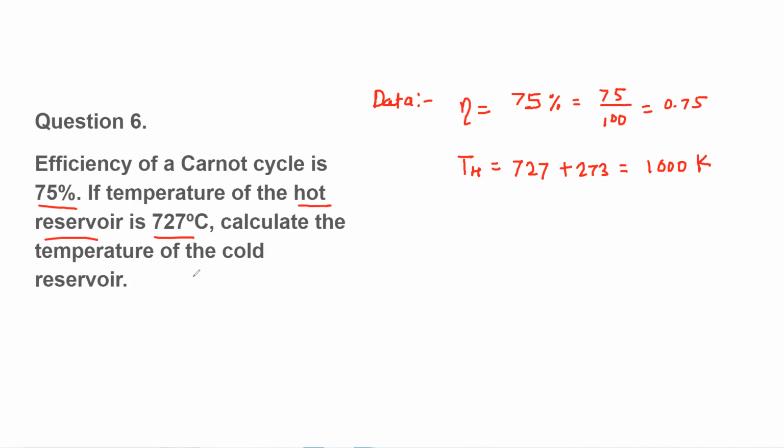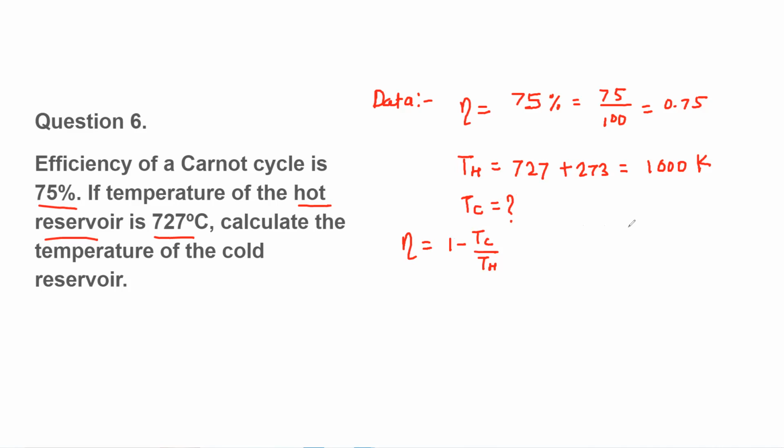Now calculate the temperature of the cold reservoir. It means TC we need to find out. For efficiency, we have the formula eta is equal to 1 minus TC upon TH. So I'll just rearrange this so that I can get it in the format of TC is equal to.